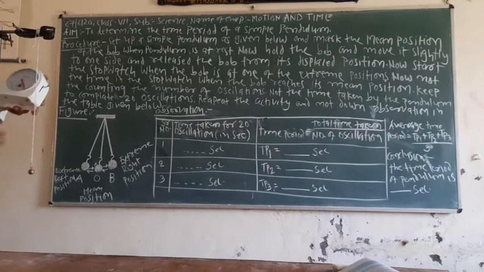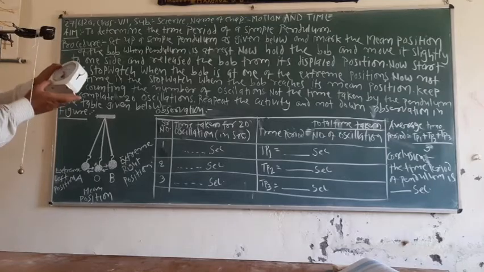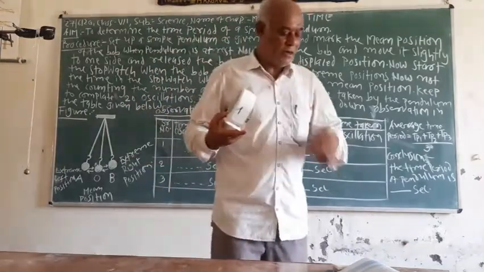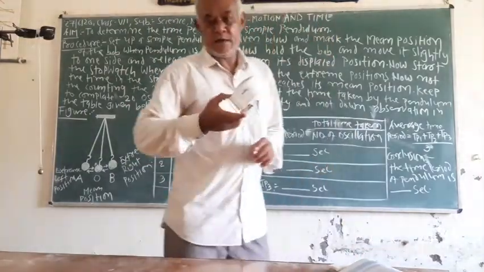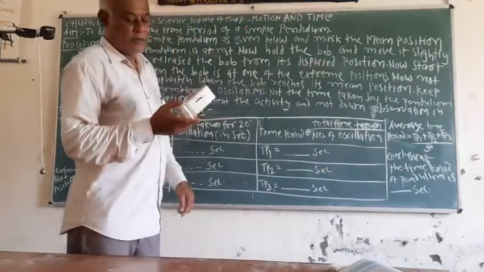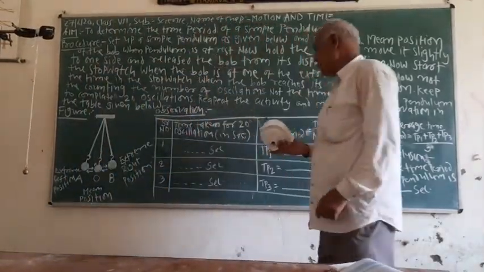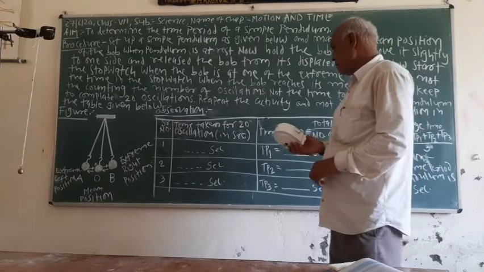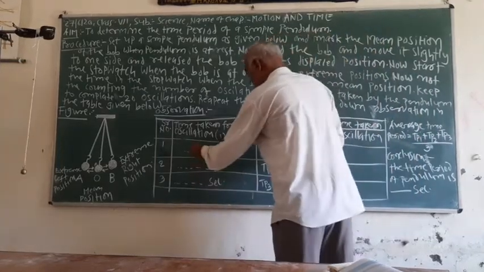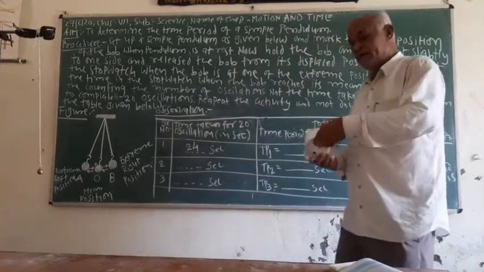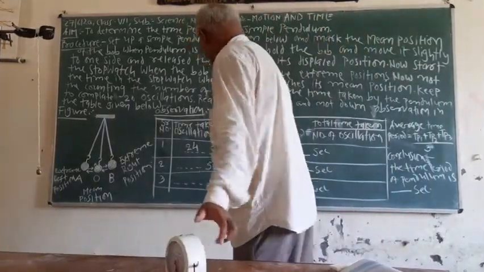So you see that the stopwatch shows 24 seconds to complete 20 oscillations. We enter this observation in the observation table, that is 24 seconds. This is our first reading.